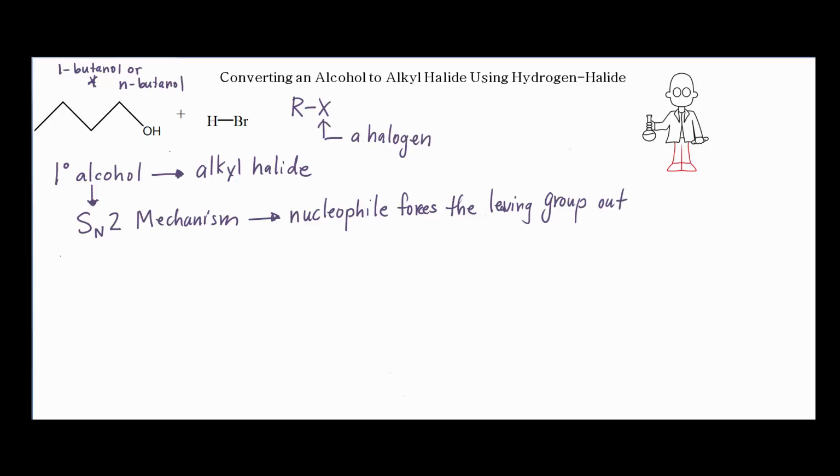So we're going to go from 1-butanol to our halide. In this case it is bromine, so the reaction goes from 1-butanol to 1-bromobutane.